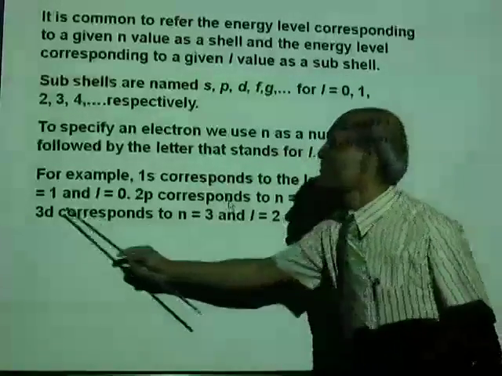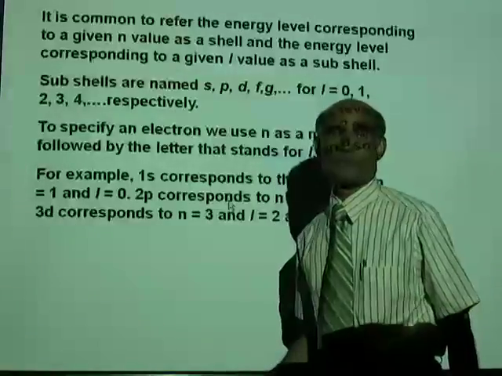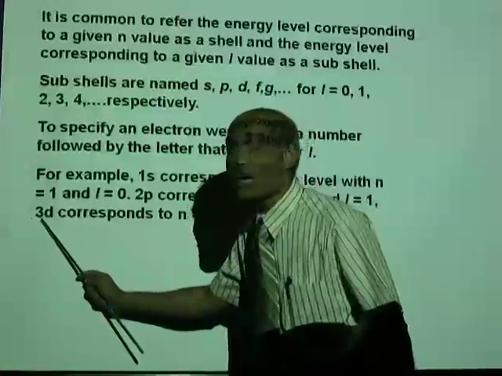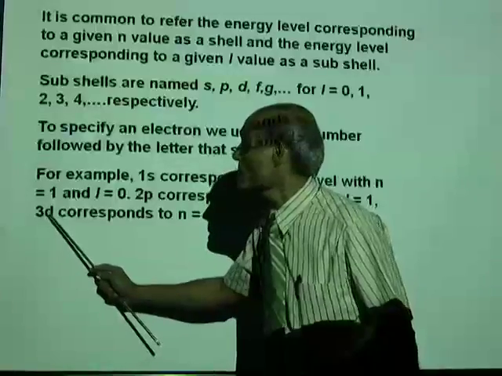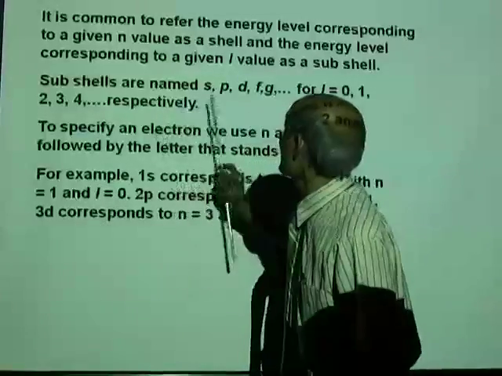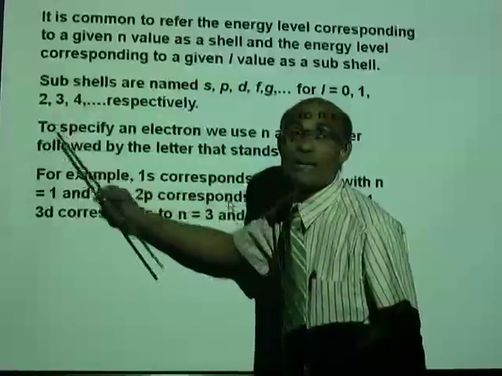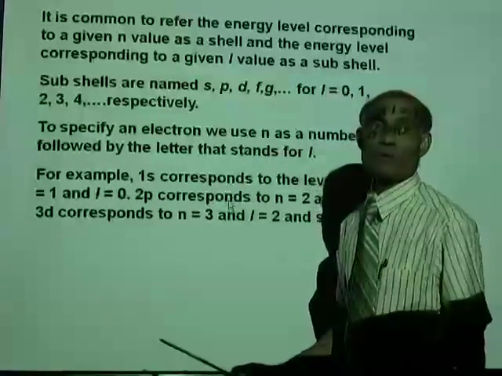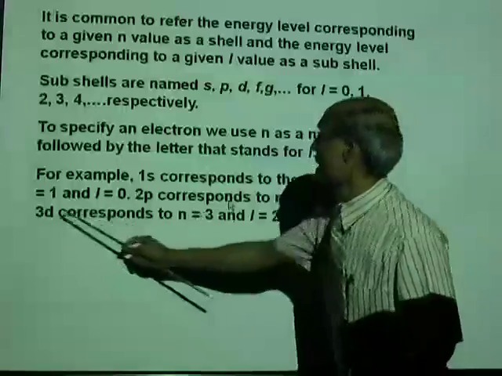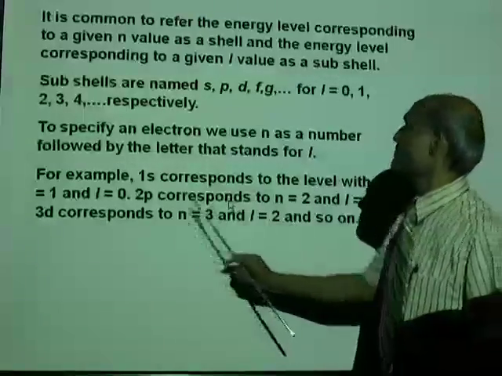Now, how about 3d? 3d corresponds to the third shell, n equal to 3, and its subshell corresponds to L equal to 2. So n equal to 3 and L equal to 2.